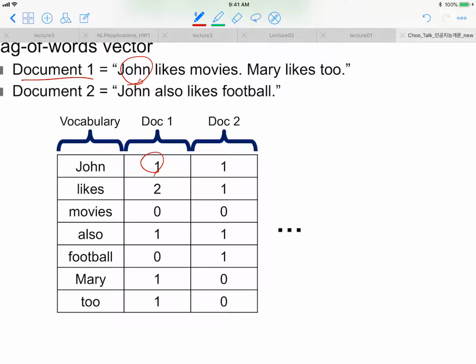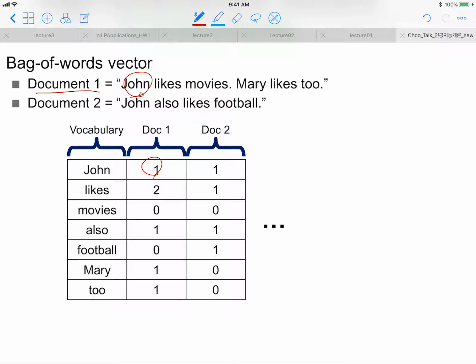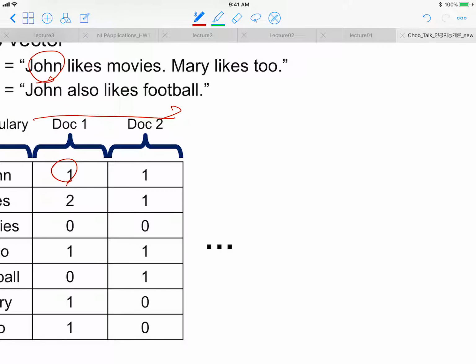But at the same time, it is slightly different from the word-by-word co-occurrence matrix, right? The first axis is a word, and the other axis is a document, not a word. In the context of word embedding, it is analogous to this setting.